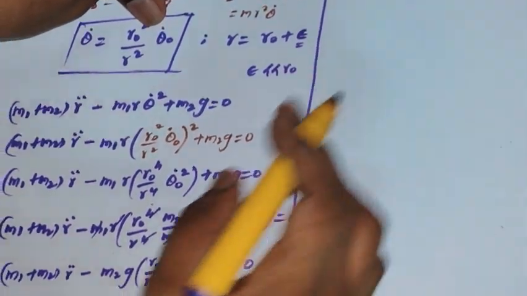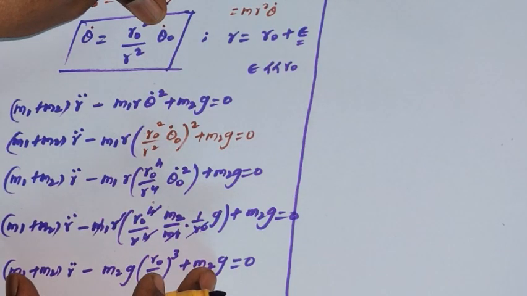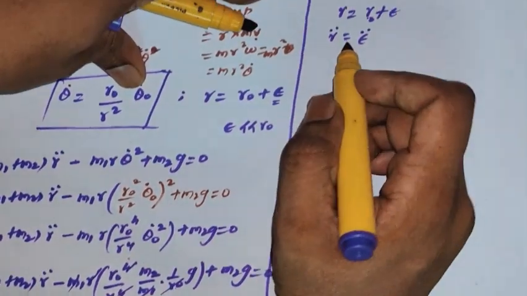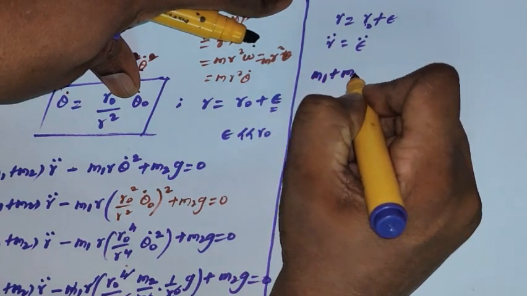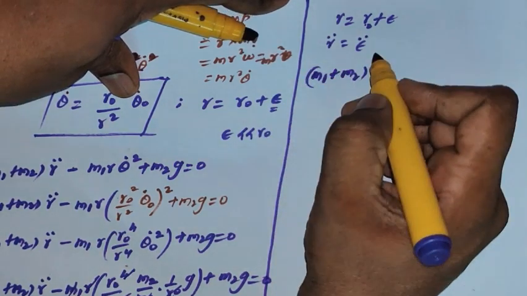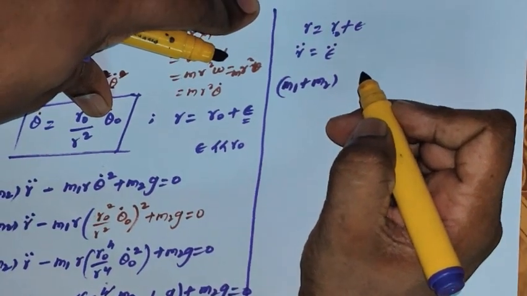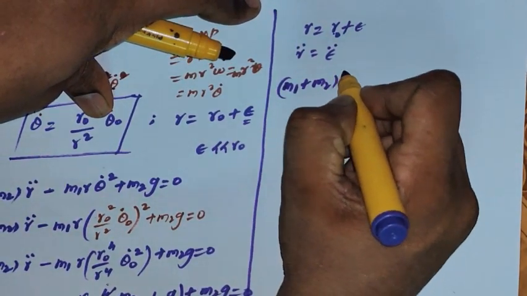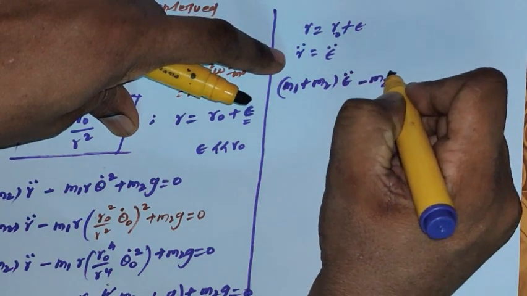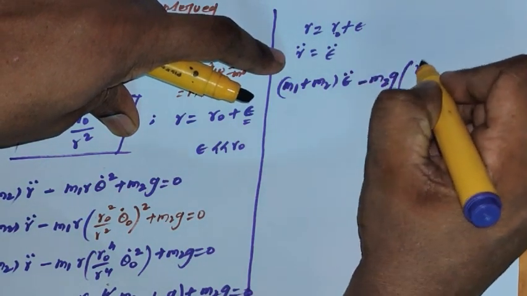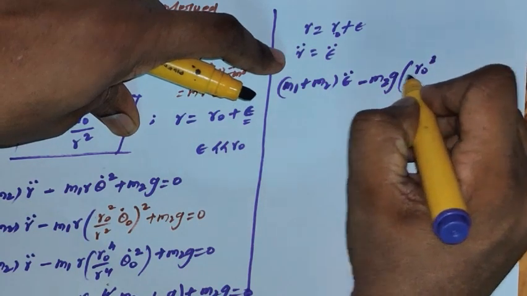Rewriting this equation in terms of epsilon, it will give (m1 plus m2) times epsilon double dot for r double dot, minus m2g r naught cube.